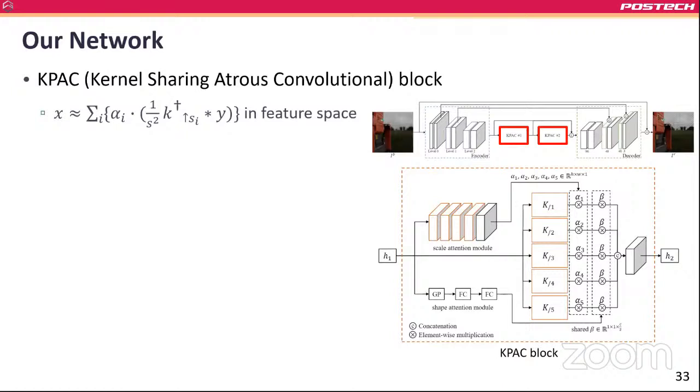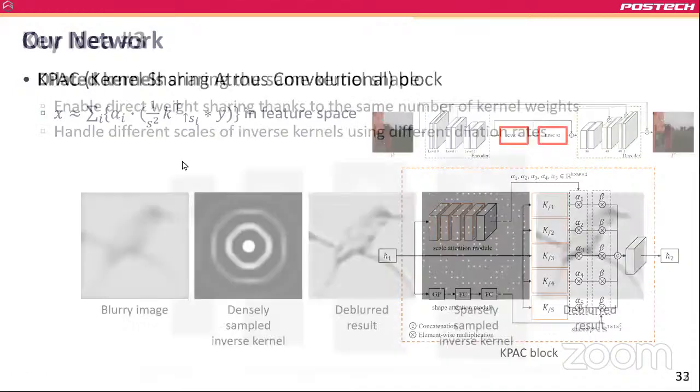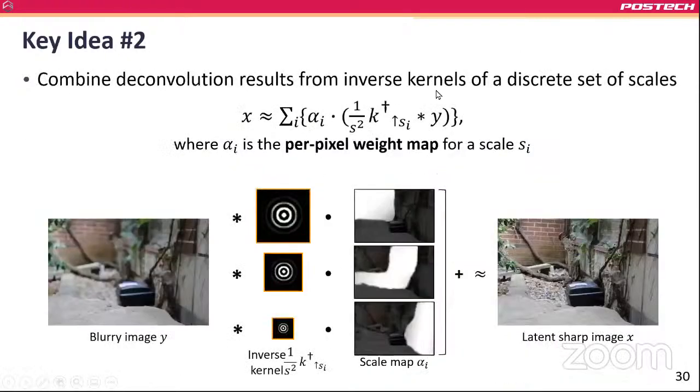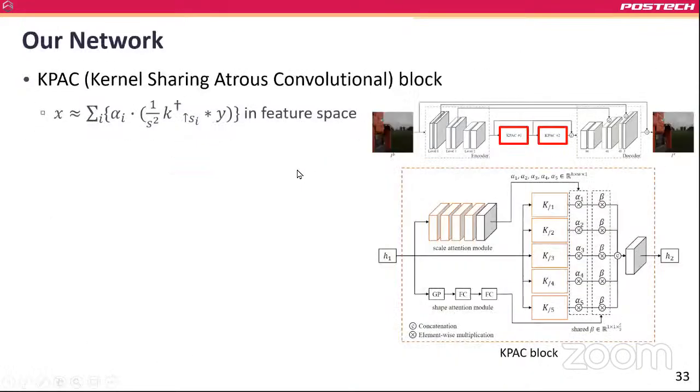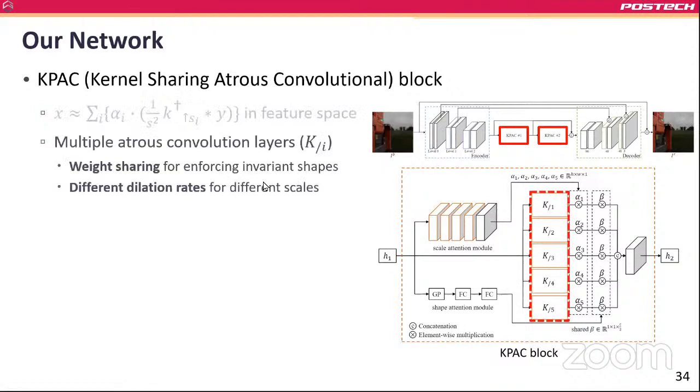Then we design this network using these three key ideas. Basically, we approximate this equation. You remember this equation here. We approximate this equation using a network, but we do that in the picture space. That means we have some encoding and decoding parts, and we process this encoded picture using these layers.